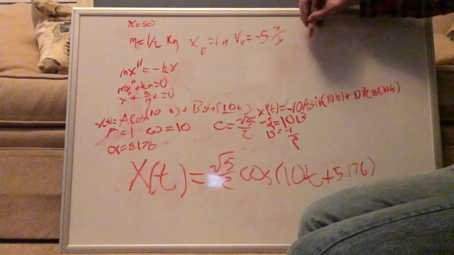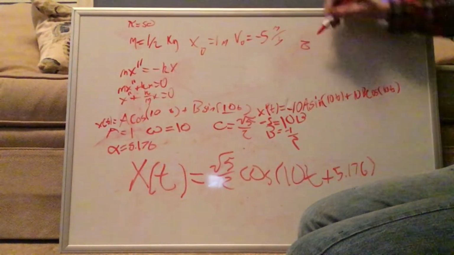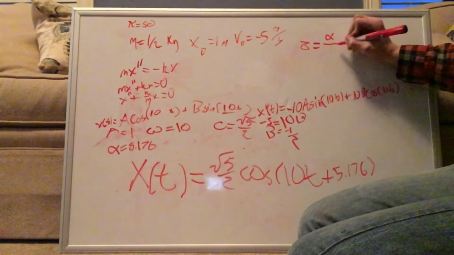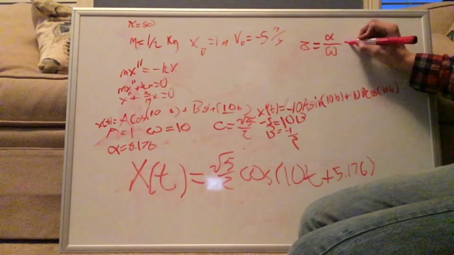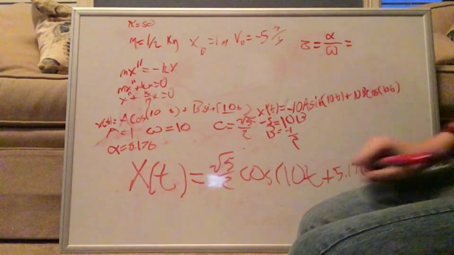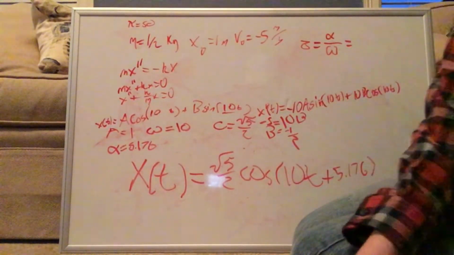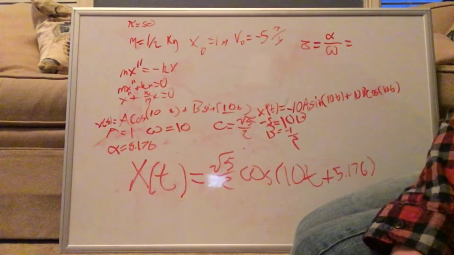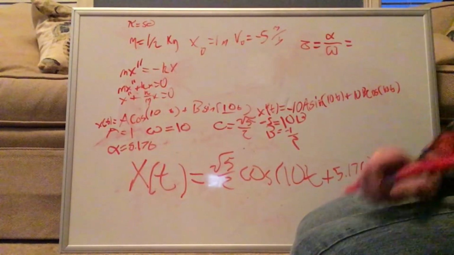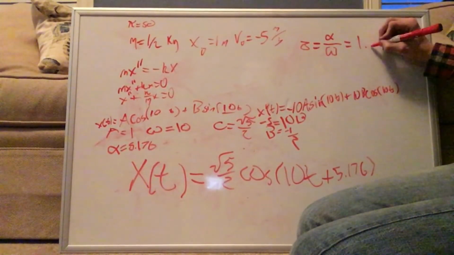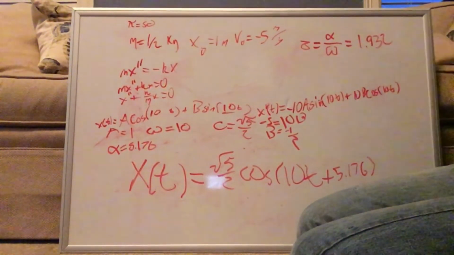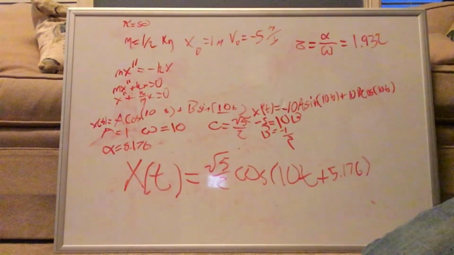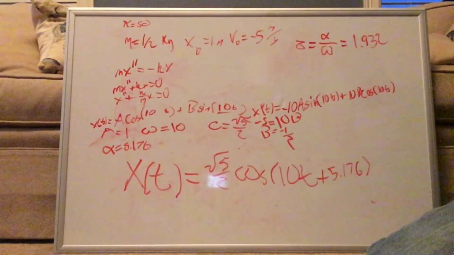So the lag time, delta, equals radians over radians per second, alpha over omega, which is 5.176 divided by 10, which is roughly 1.932. Hm, so that's how you analyze very basic undamped motion of a spring.